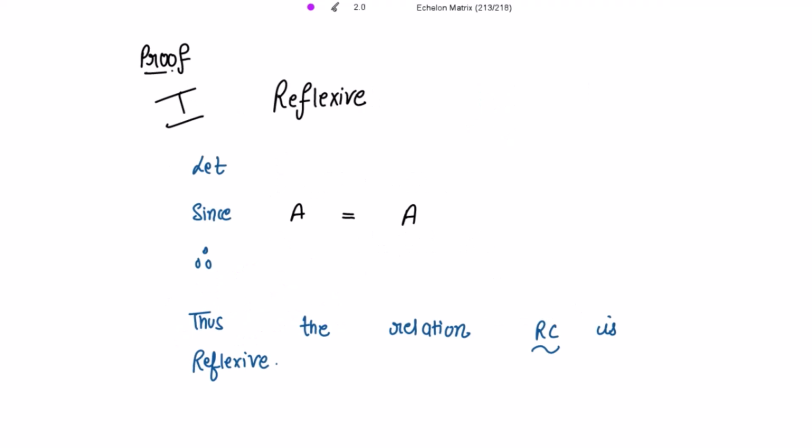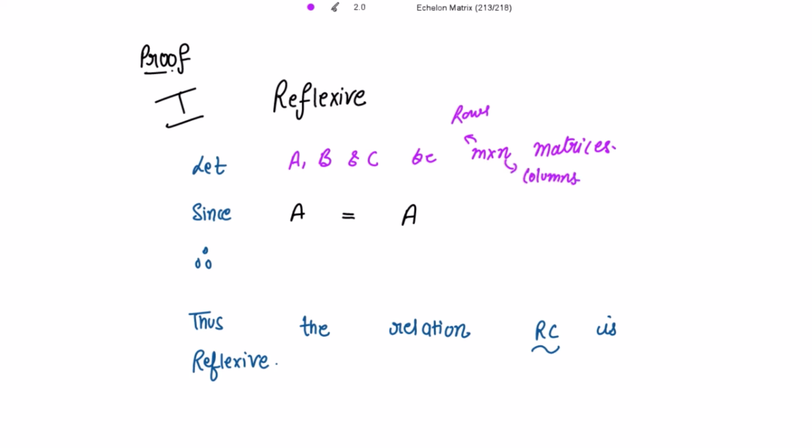First one is we need to show that the relation is reflexive, right? Let's take three matrices A, B and C, and let these be m by n matrices. That is, the number of rows are m and the number of columns are n.